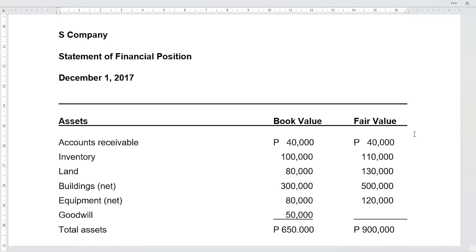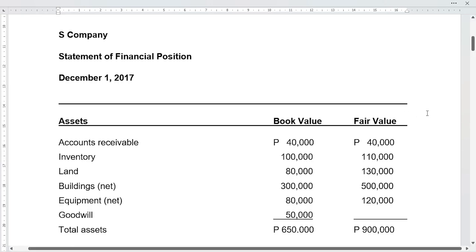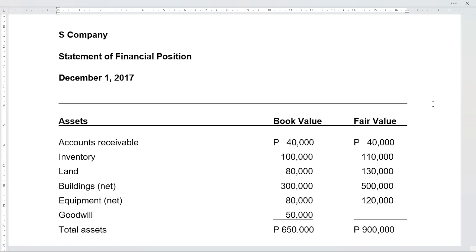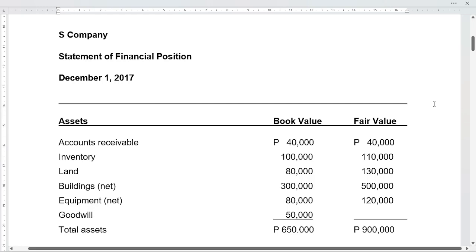For the buildings net, 300,000 book value and 500,000 fair value. For the equipment net, it has a book value of 80,000 and a fair value of 120,000. And lastly is the goodwill that has a 50,000 book value, with total assets of 650,000 per book value and 900,000 per fair value.